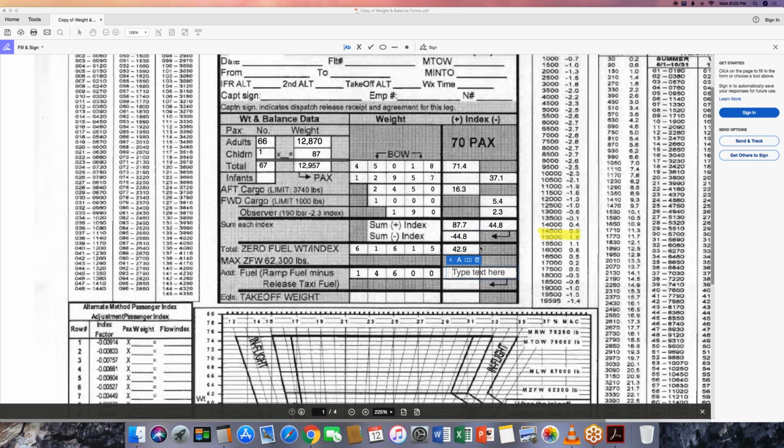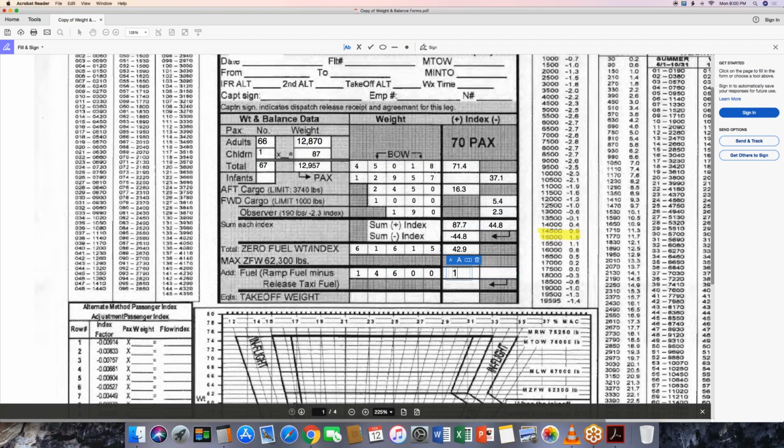So what did you guys come up with there? 1.2. I got 1.0. That's what I got, 1.02, and then rounded it to 1.0. Okay.